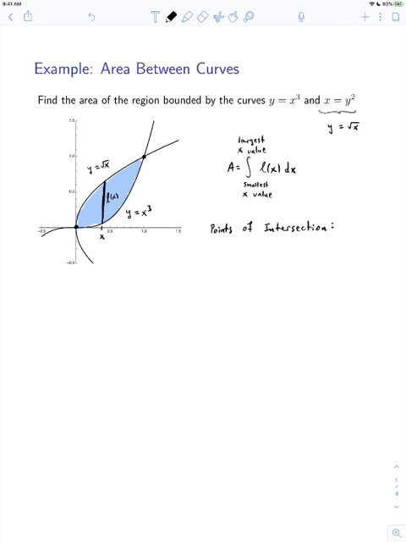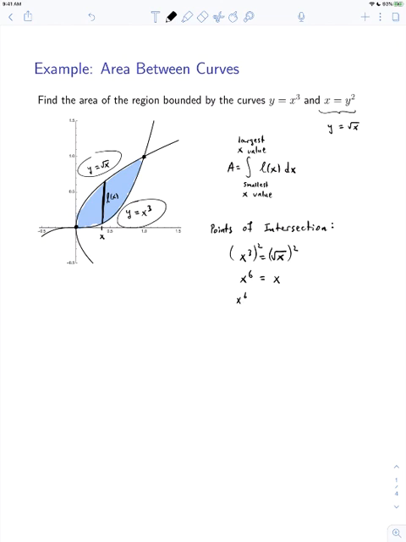So if y equals x cubed is the same y value as y equals the square root of x, then that means that x cubed is equal to the square root of x. And so if we square both sides, then we'll have x to the 6 equals the square root of x squared, which is just x.